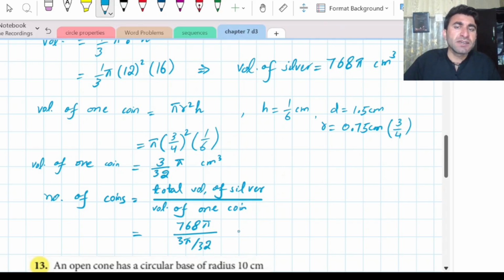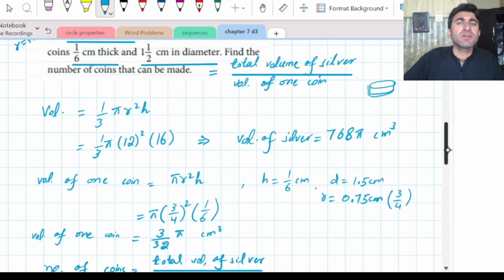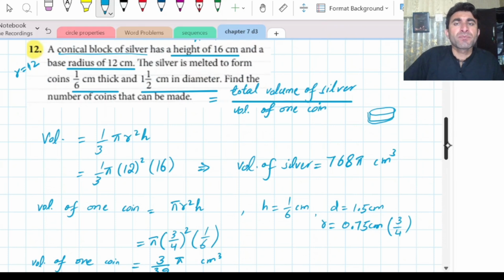So after we divide it with the help of a calculator, the number of coins shall become 8192. So that is the number of coins that can be made with the given conical block of silver.